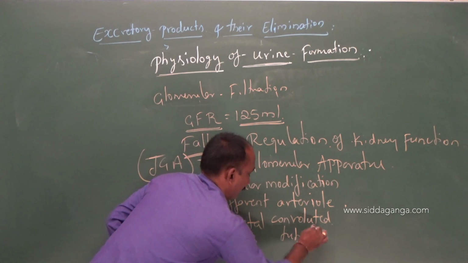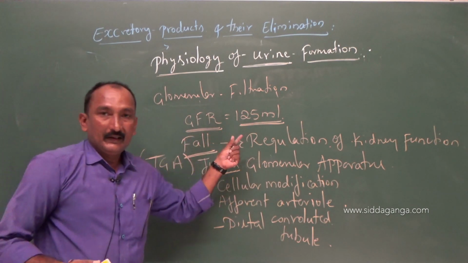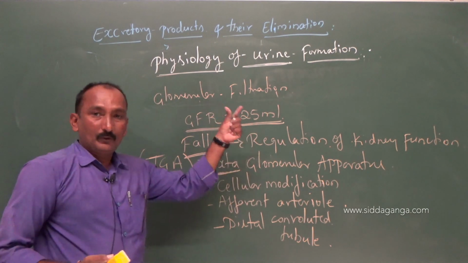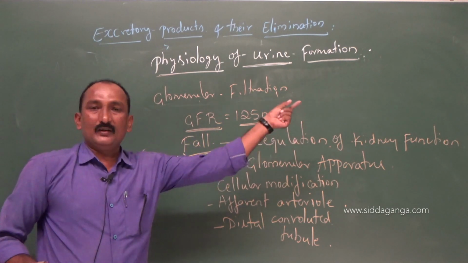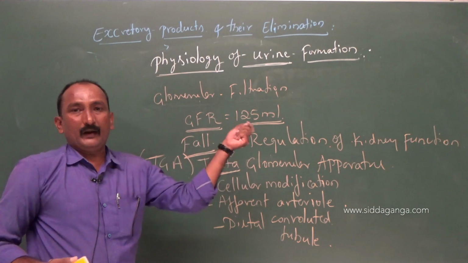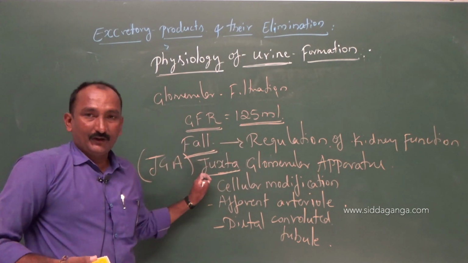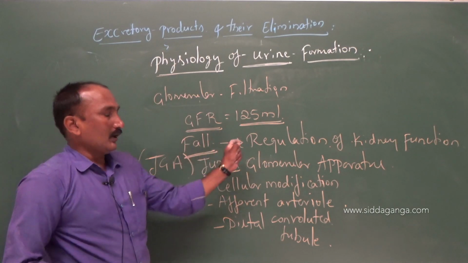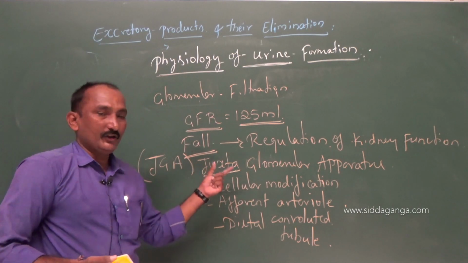Normally a healthy person forms 125 ml of filtrate. Suppose it is reduced to 110 ml, or even below 110 ml. In such a condition, the juxtaglomerular apparatus, the JGA, comes into play.